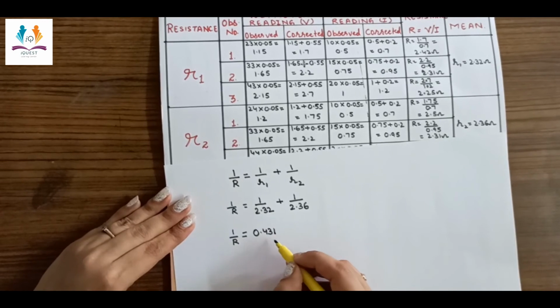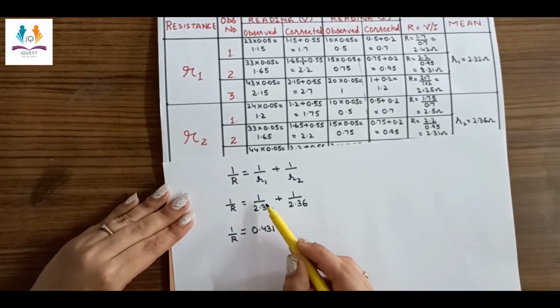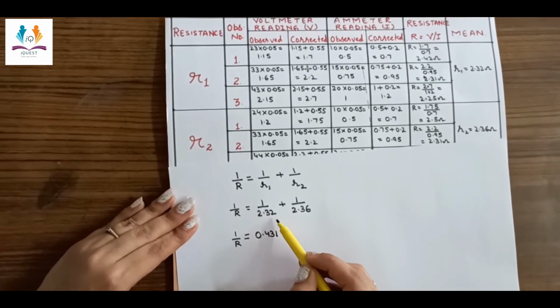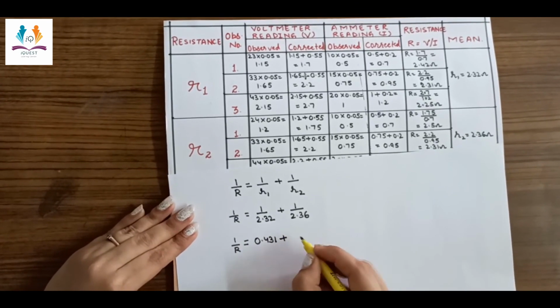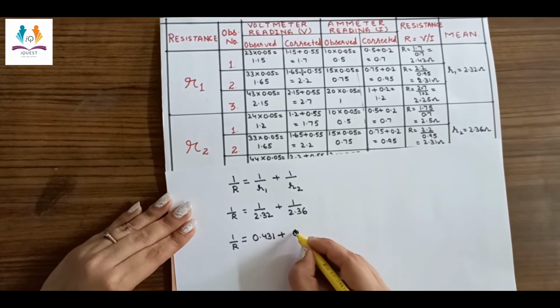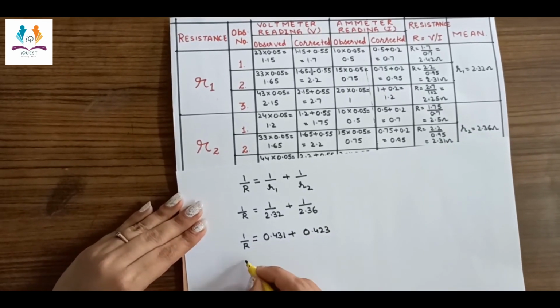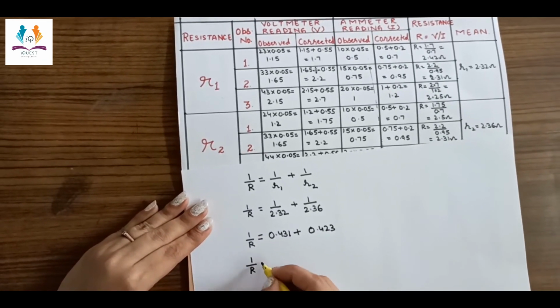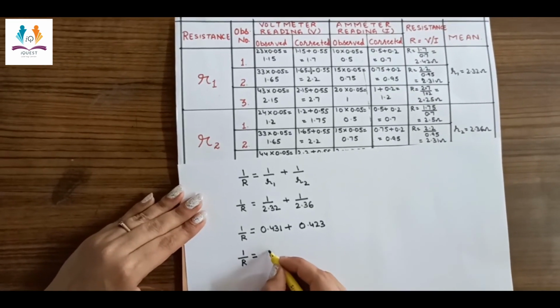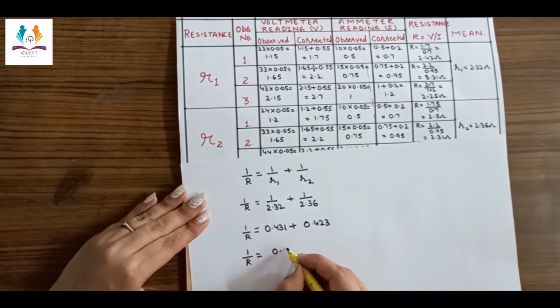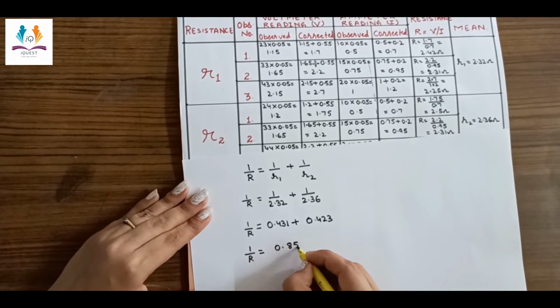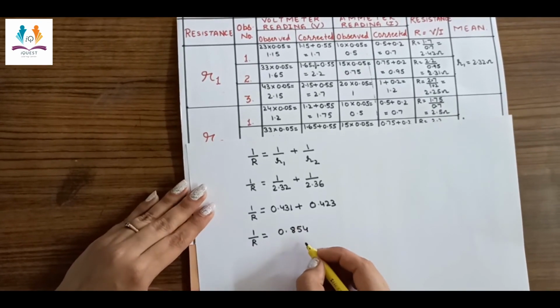0.431, that we have got by solving 1 divided by 2.32, plus 0.423 ohms, and we get 1 by R is equal to 0.854 ohms.